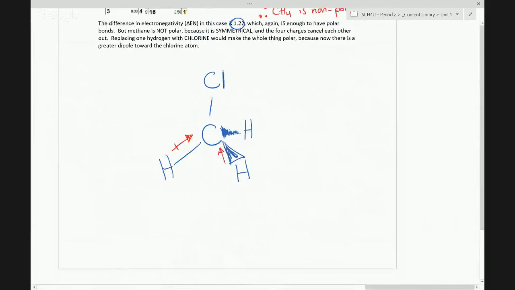And another, and another. These are all very slight, and they cancel each other out. But then to chlorine, we have a very large difference in electronegativity, just like that. And so that one dipole is enough to not worry about the other three, and this is polar. And we say simply, it's not symmetrical.